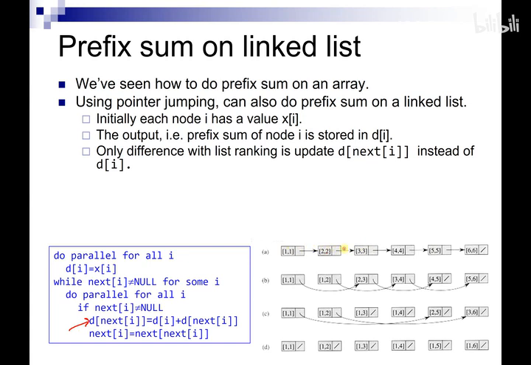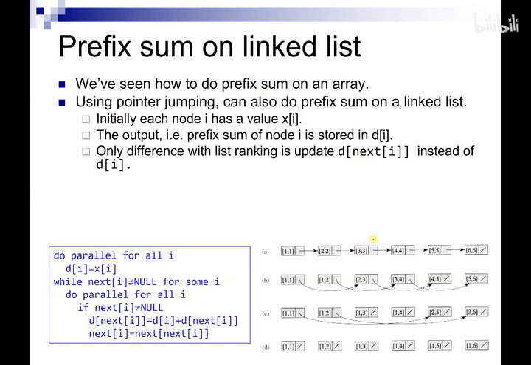It propagates the earlier values forward towards the end of the list, and that's what you want for prefix sum. Otherwise, this algorithm is doing the same thing as the list ranking algorithm.